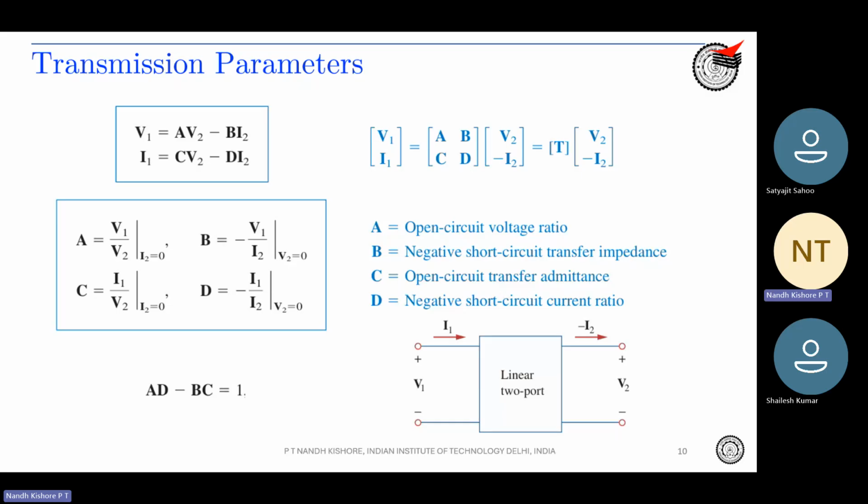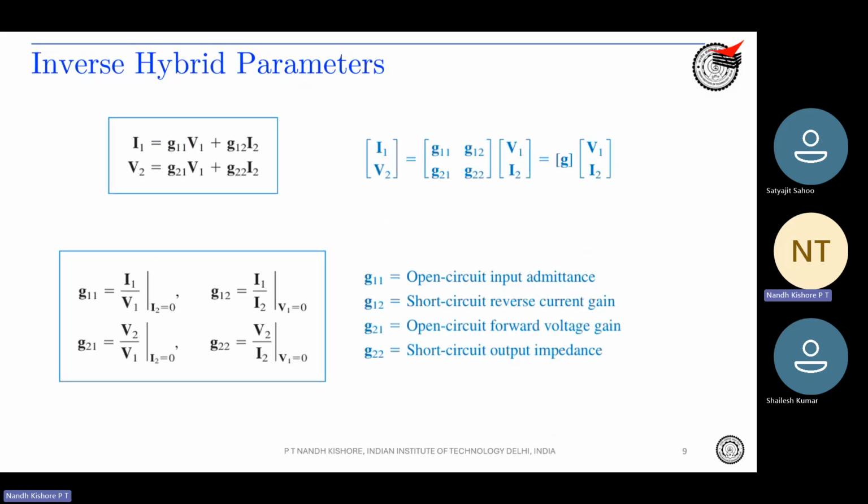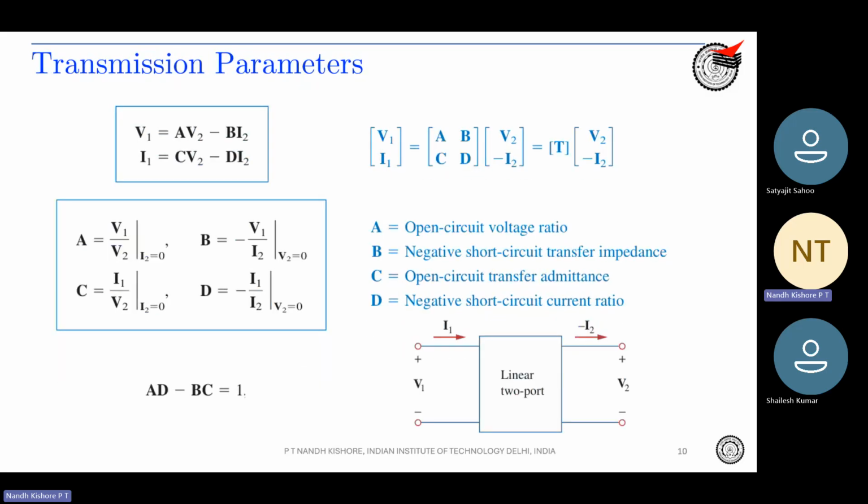And since the direction of current is taken to be opposite, you notice a sign over here, that's V1, I1, and this is having V2 and minus I2. So just be wary of this sign.